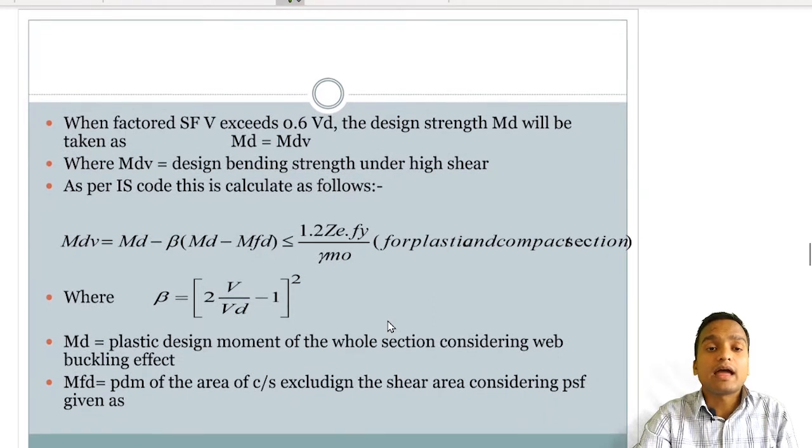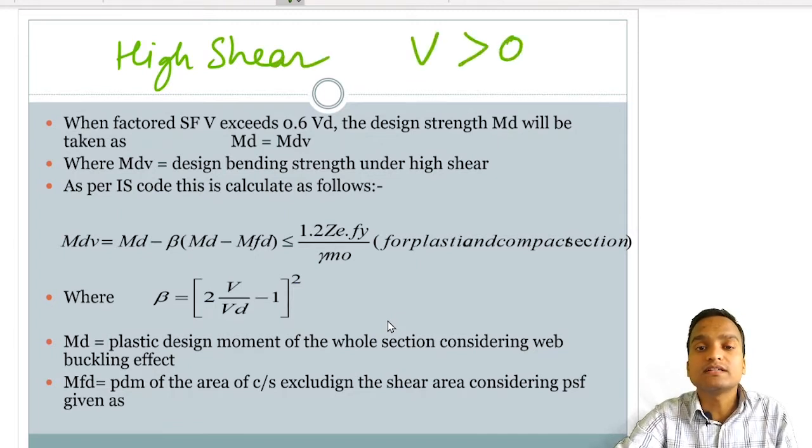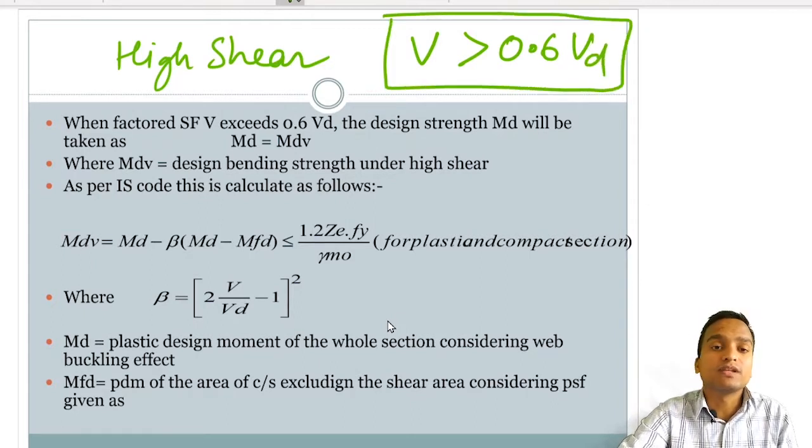Okay, and in case of high shear, what happens here? The factored shear force V exceeds the value of 0.6 times VD. So in this case of a laterally supported beam, when it is subjected to high shear, the design bending strength MD will be taken as MdV, where MdV is the design bending strength under high shear.